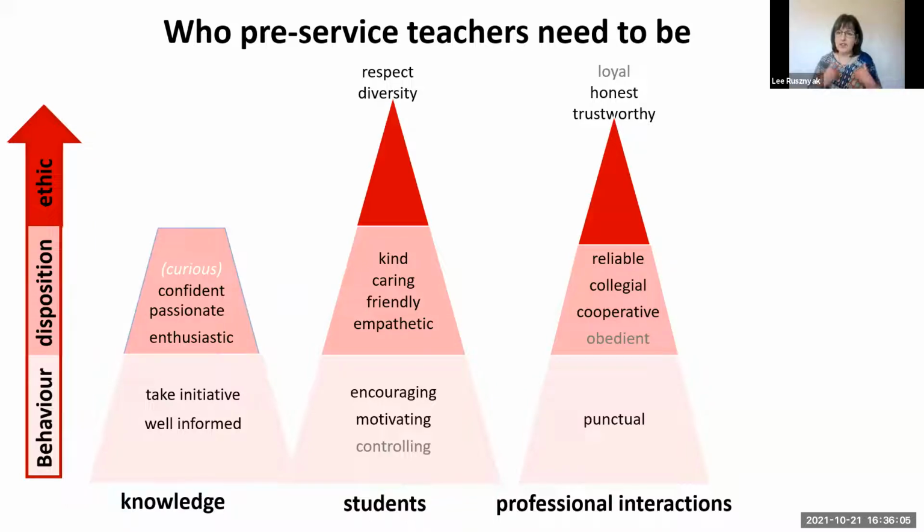So this isn't our words. These are all coming from the empirical data, although we then separated out what is the level of actions and behavior, what are the levels of dispositions, and where are ethical orientations of the practice mentioned.